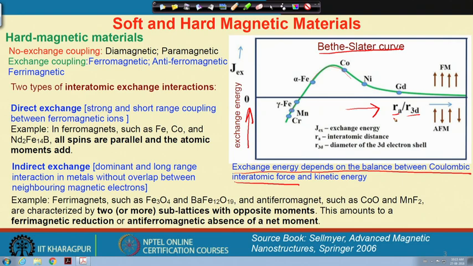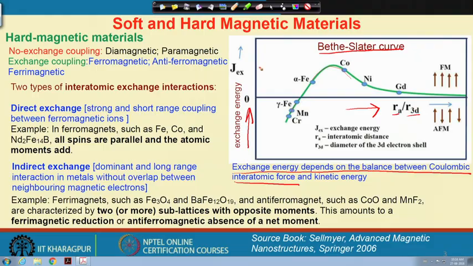BCC is the alpha iron, and gamma iron we call austenite, or let us say pure gamma iron. So, we can add, let us say, cobalt or some other element like nickel, gadolinium, manganese or chromium, and see whether the exchange energy is going to increase or decrease by the addition.